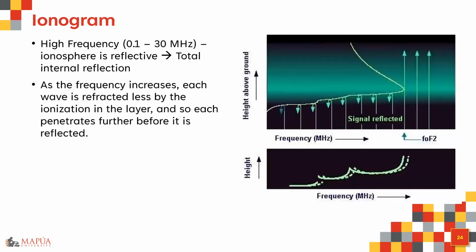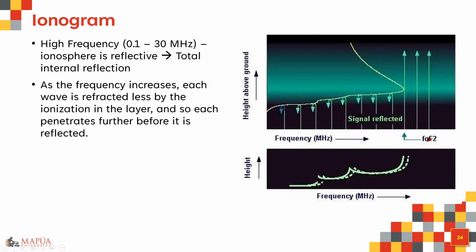But the end result is this. For example, here, low frequency waves are easily reflected, so at lower heights they can already be reflected. Then as you go higher, the higher parts or the more ionized regions of the ionosphere are the ones that reflect.